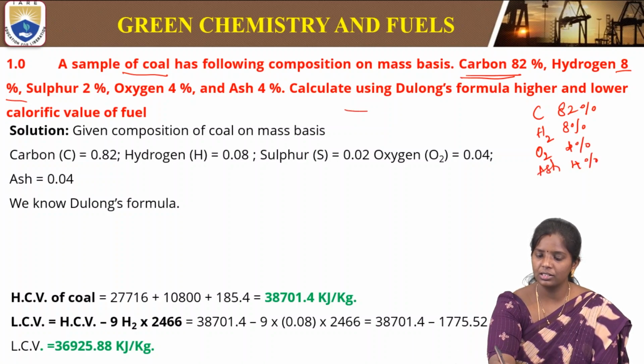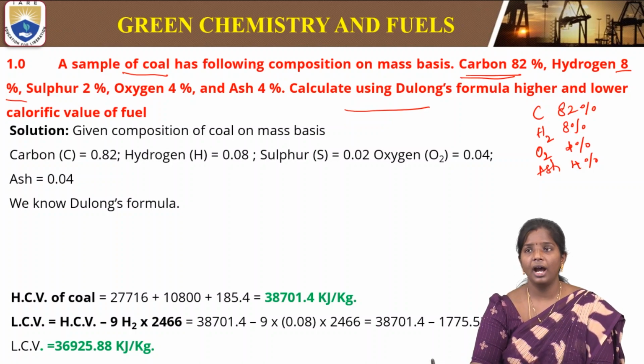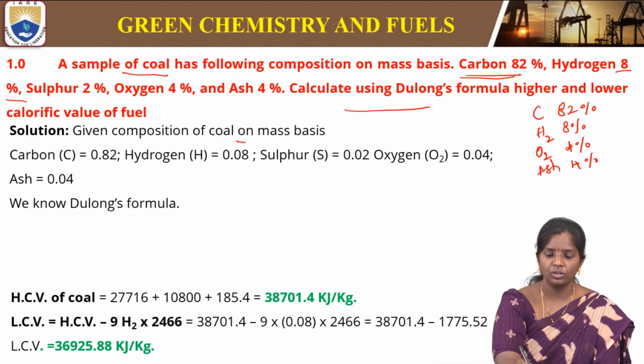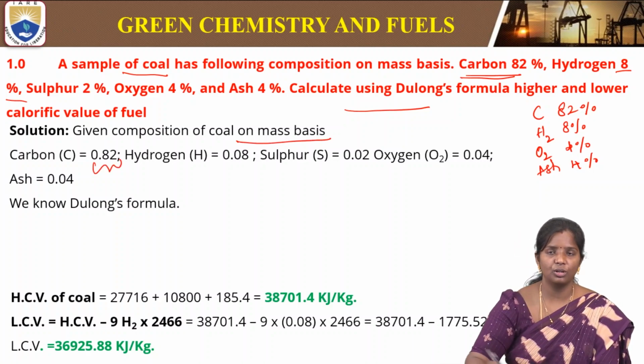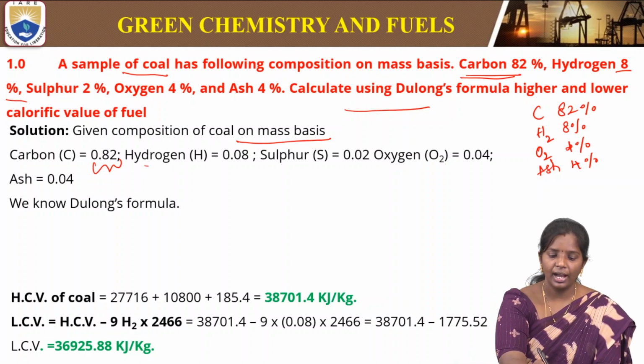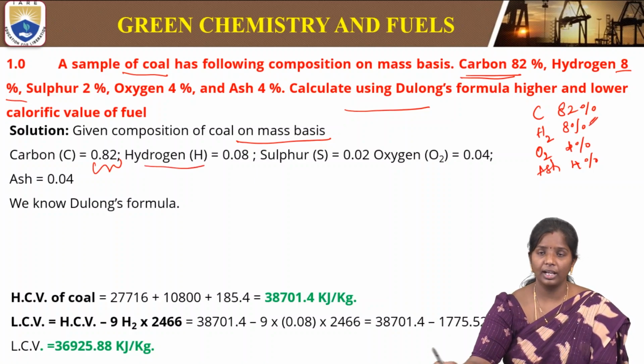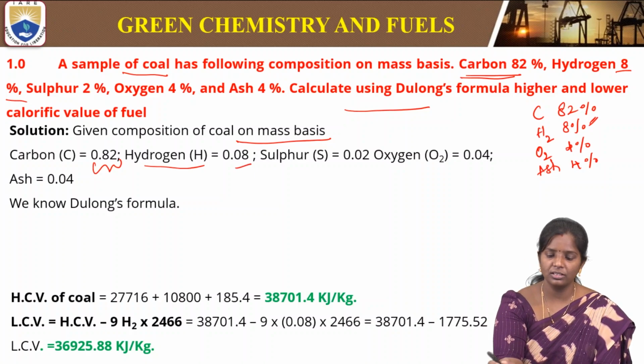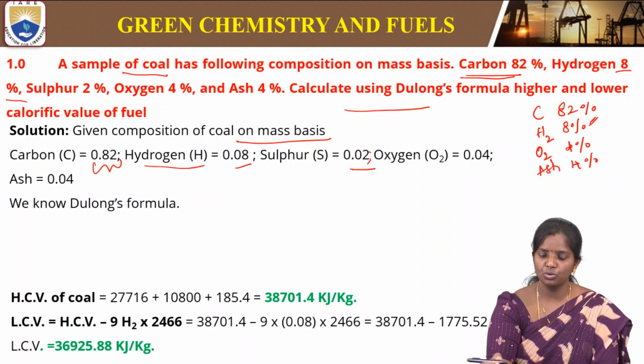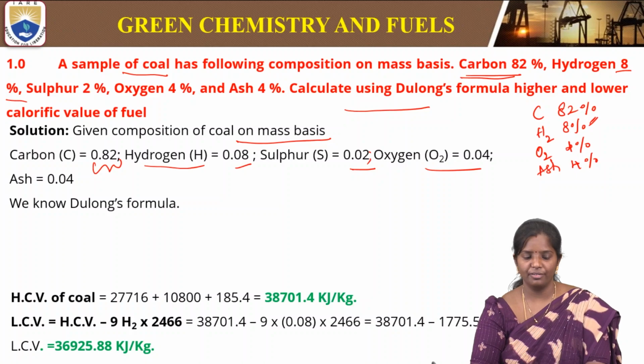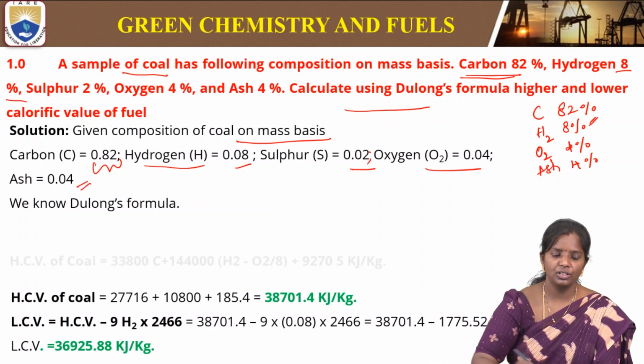Now calculate, using Dulong's formula, the higher and lower calorific value of the fuel. The given data is now converted into mass fractions: carbon 0.82, hydrogen 0.08, sulfur 0.02, oxygen 0.04 and ash 0.04.